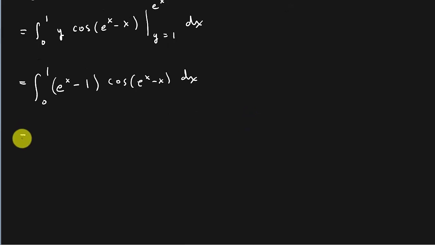So how do we integrate this? We use u substitution. We let u equal e to the x minus x, and then du is e to the x minus 1 dx. The e to the x minus 1 dx gets replaced with du, and the e to the x minus x gets replaced with u.